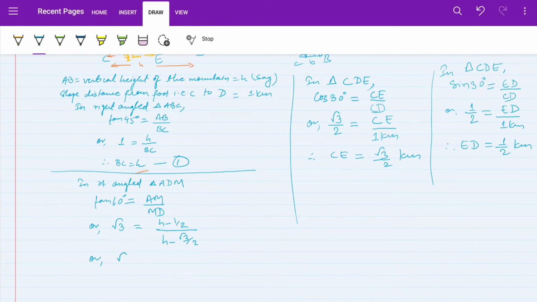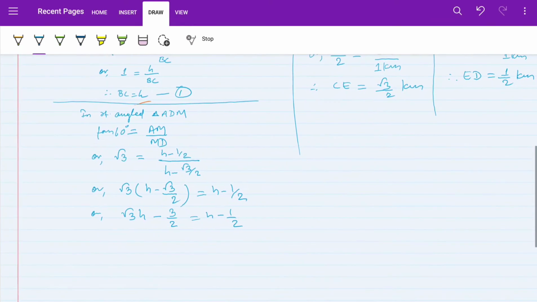Let's cross multiply. This is root 3, so H minus root 3 by 2 here. This is equal to H minus 1 by 2. So now let's open bracket here. This is root 3 H. So minus root 3 times root 3 is 3 by 2. And this is H minus 1 by 2.